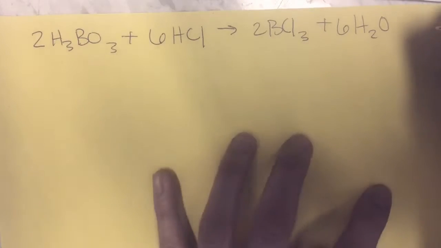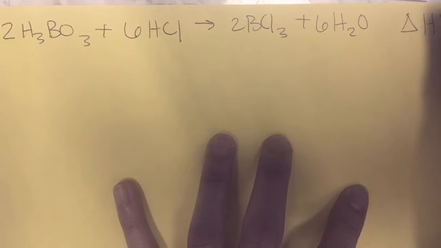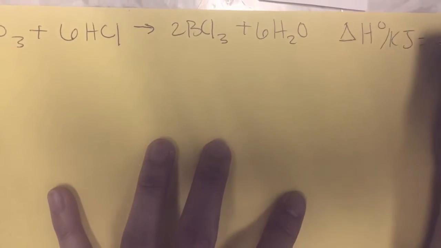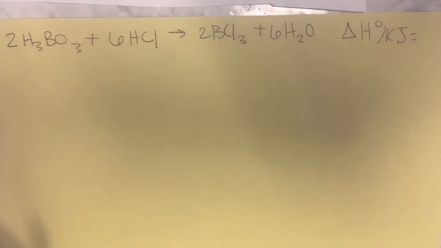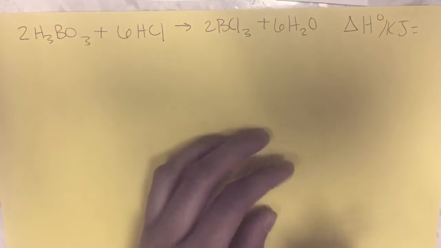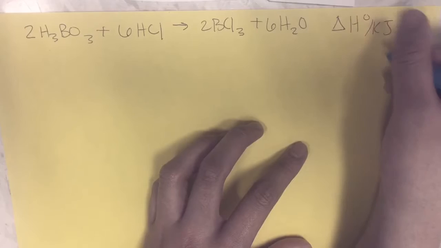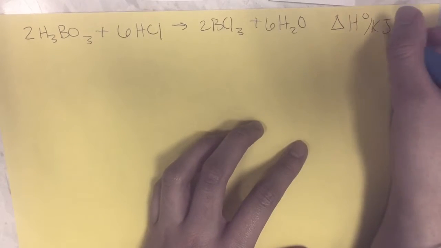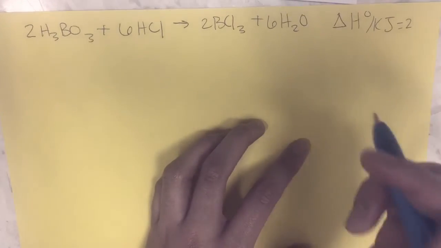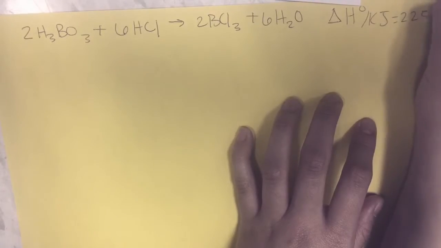The enthalpy change would also be multiplied by 2, so you would multiply negative 112.5 times 2, and that would equal 225. The reason it's a positive number now is because you flipped the equation, and that also switches the sign. So this is 225.